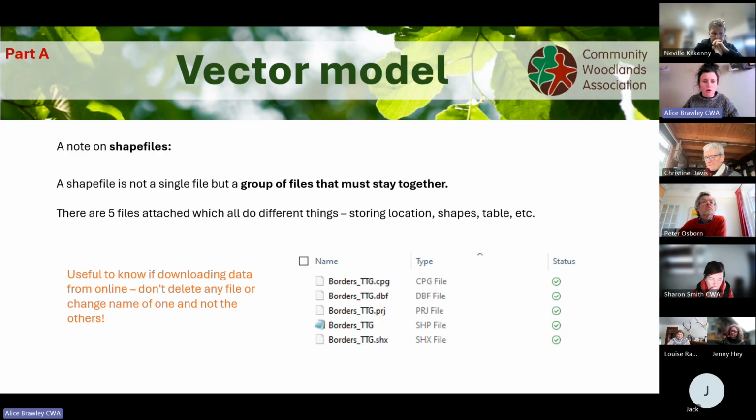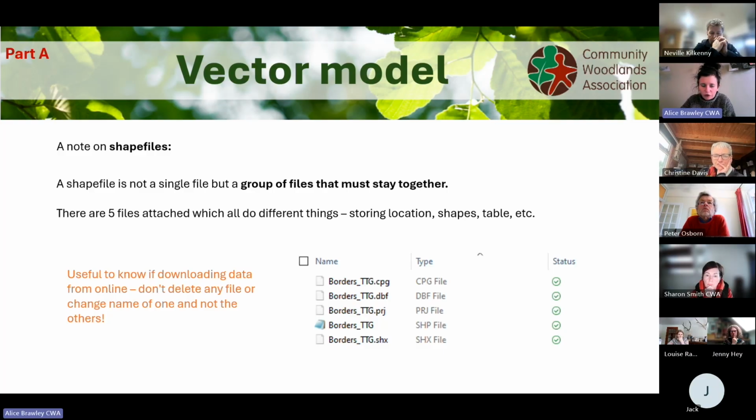One final note on vectors and file formats is if you are using shapefiles, so a lot of you might not use these very often, but if you are using QGIS, or if someone in your organization has used QGIS before, and there's a mapping folder on your filing system, every shapefile has 5 individual files attached to it, and these all do different things.